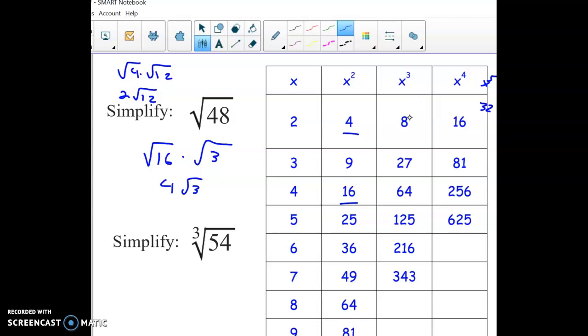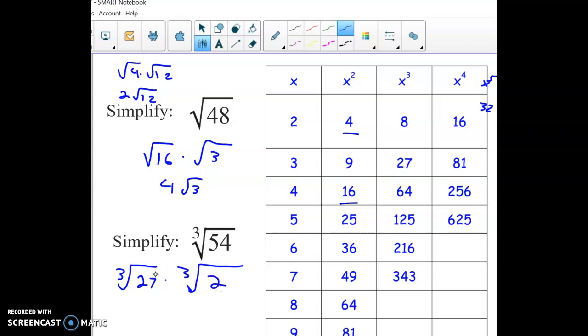All right, so let's try a cube one. If you have a cube root, you're going to use your x cubed column here. It's the same concept, except I'm going to make 2 third roots instead of 2 square roots. Then I'm going to check. 64 is too big. All these are too big. Take 27. Does 27 divide 54? It does. 27 and 2.